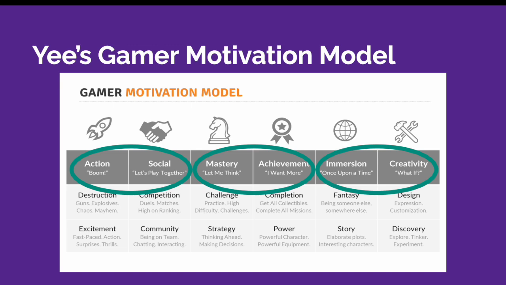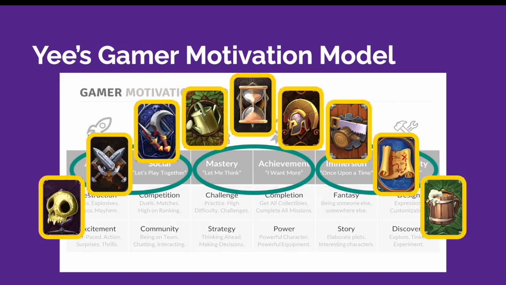So Yee started at the aesthetic level and then used that data, through statistical clustering analysis, to identify these 9 archetypes. So these are the dynamics in this model, these 9 archetypes of motivations and styles of play or behaviors that tend to crop up again and again.